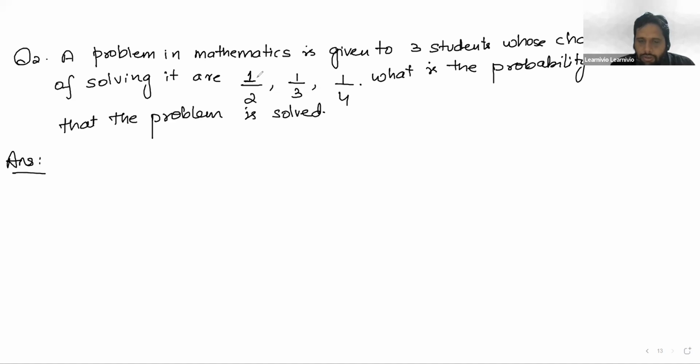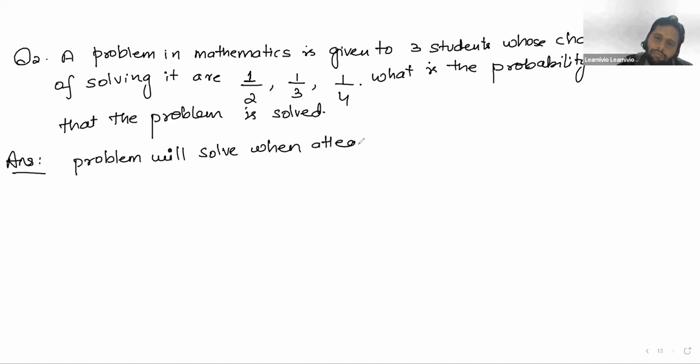If two students solve it, it is solved. If three solve it, it is solved. So the problem will be solved when at least one student will solve the problem.